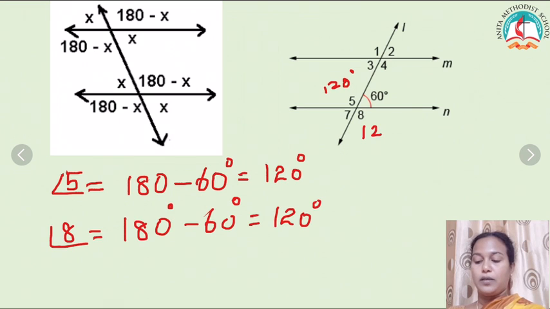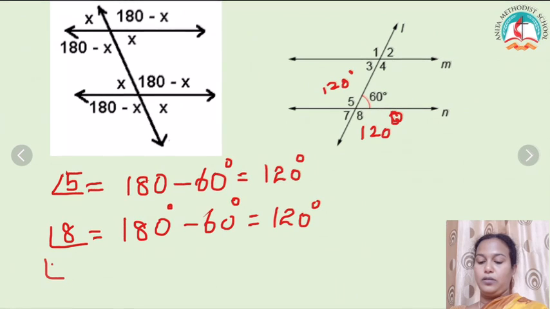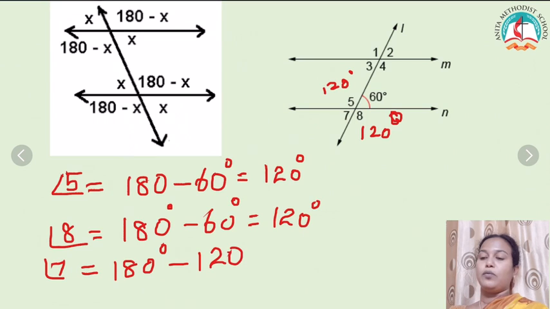Right? So now if angle 8 is 120, then what is your angle 7? Angle 7 is equivalent to 180 minus 120, which is equivalent to 60 degrees. So this is 60 degrees.